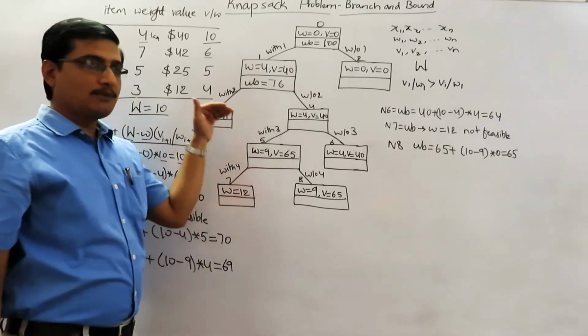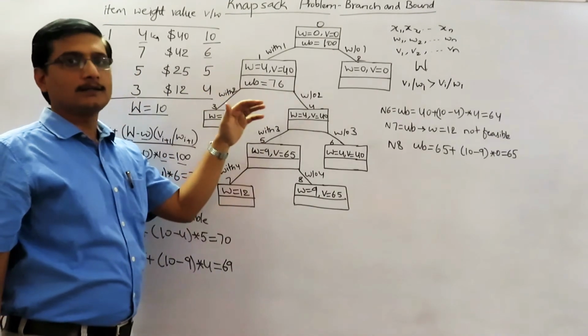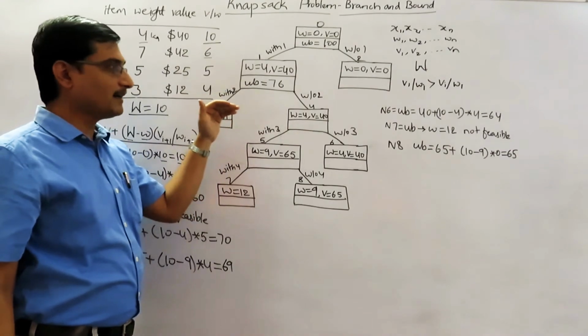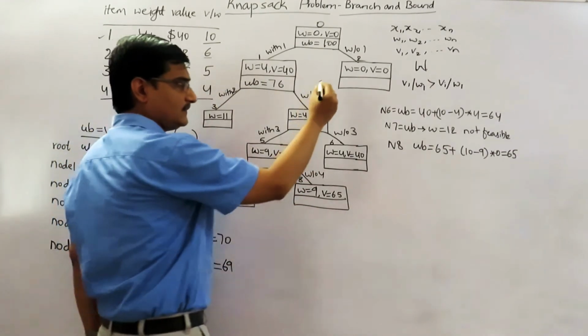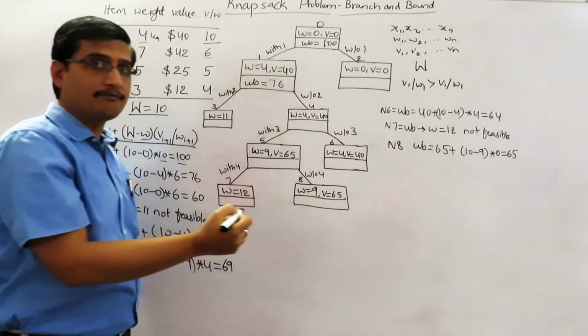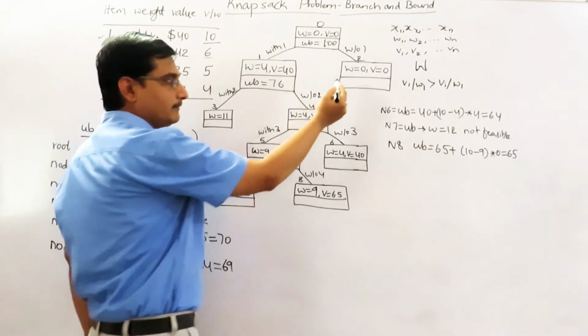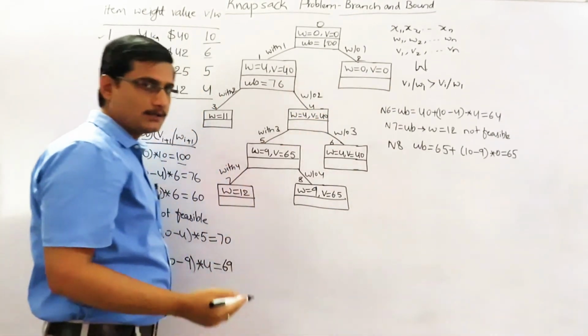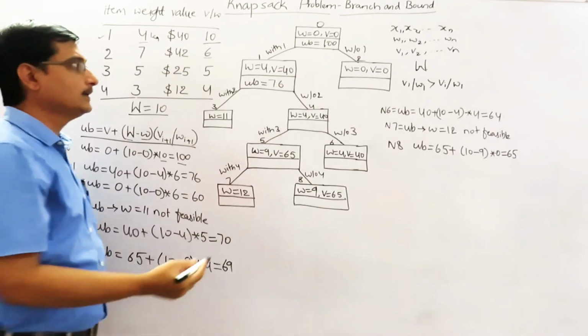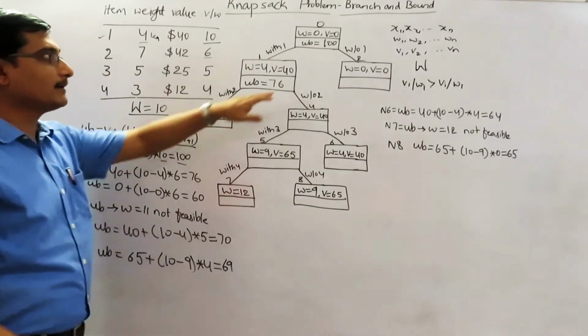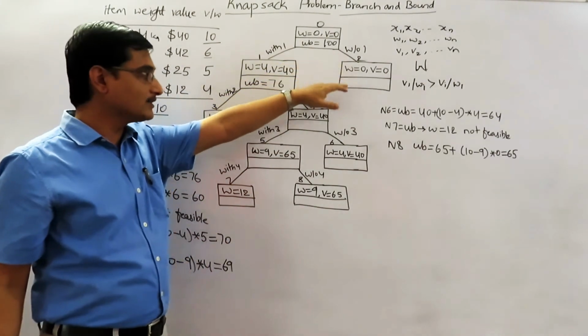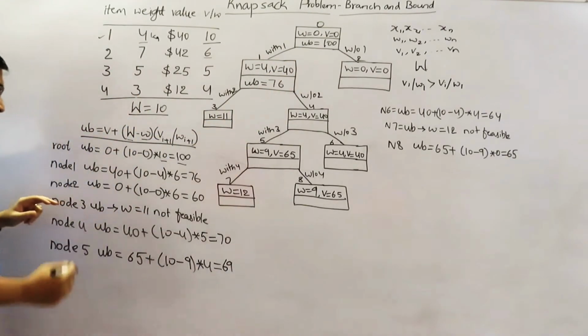As this is branch and bound, we are going to find all the nodes at that level. This is breadth first search. So if we are not going to include the first item, what will happen? Again, the weight is 0 and the value is 0 because no items are included. And see that the upper bound will not be 100 here; it is going to change now.